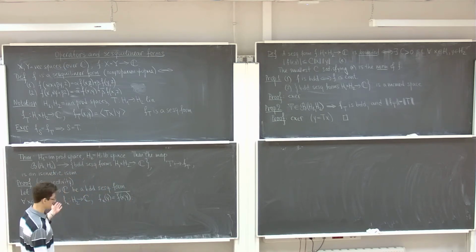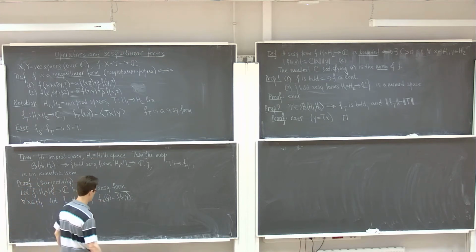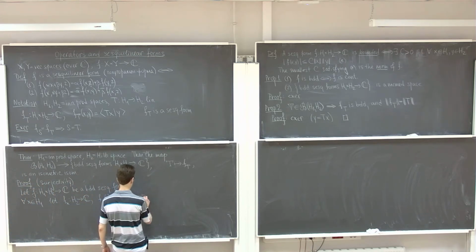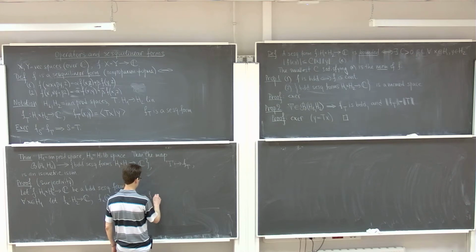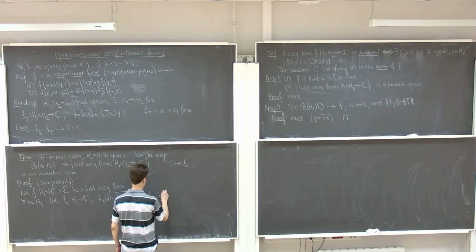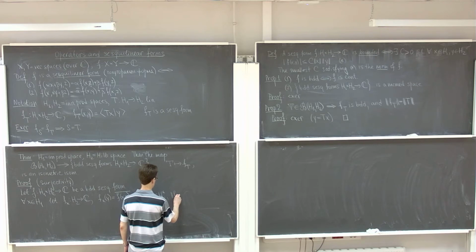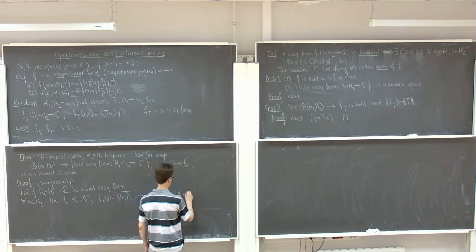Okay, now F is bounded. And if we look at the definition of a bounded sesquilinear form, we readily conclude that f_x is a bounded linear functional on H2. And moreover, the norm of this functional is less than or equal to the norm of F multiplied by the norm of x.